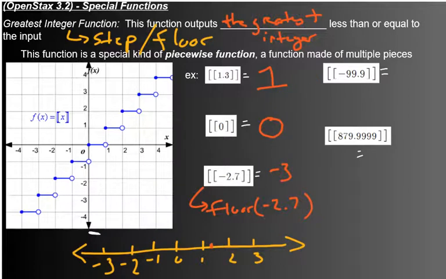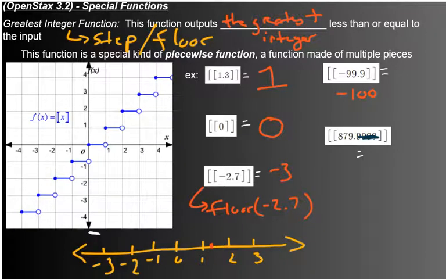So -99 would be bigger than this number, and so we would have to actually go down more until we get to -100. That's what that would equal. And just to do another big number one, basically what this thing is doing is chopping off these decimals.